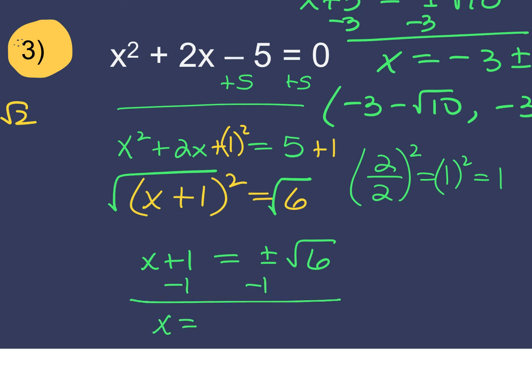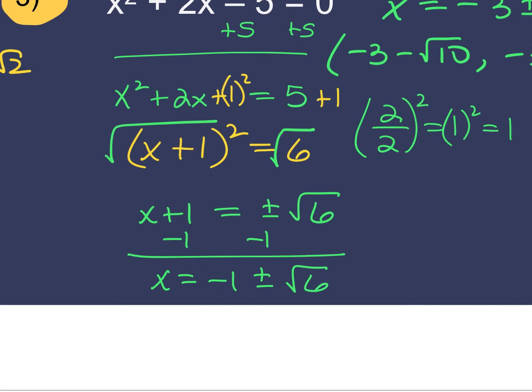So x is equal to negative 1 plus or minus the square root of 6. And again, for WebAssign, you would enter it as -1 minus radical 6, comma, no space, -1 plus square root 6 as your two answers.